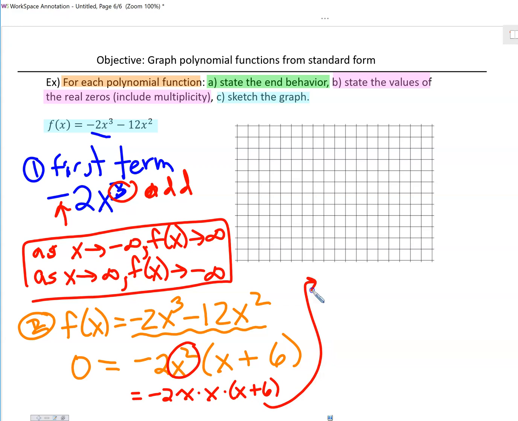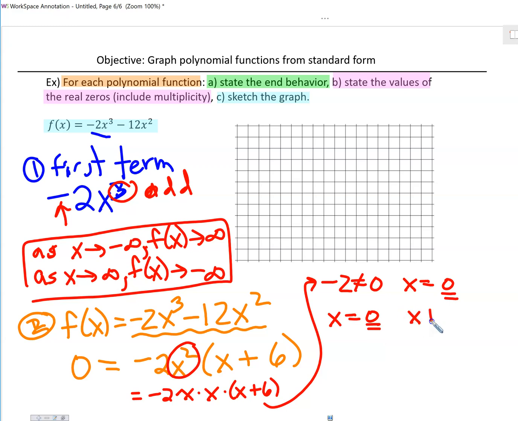So with my zero product property, negative 2 can't be 0, so I'll ignore that. x equal to 0 means that 0 is one of our zeros. And then we have another x equals 0, so we have that repeated zero of 0.